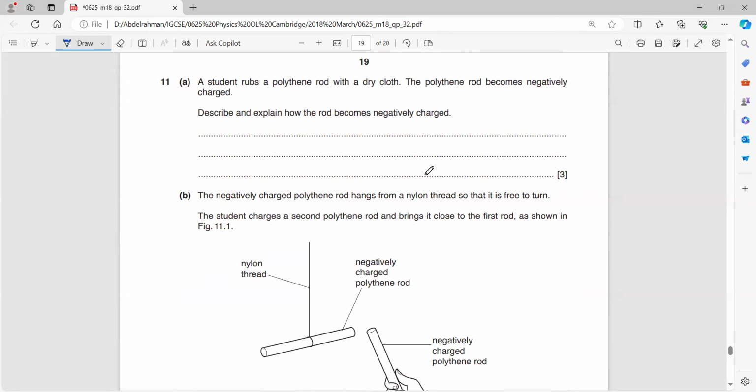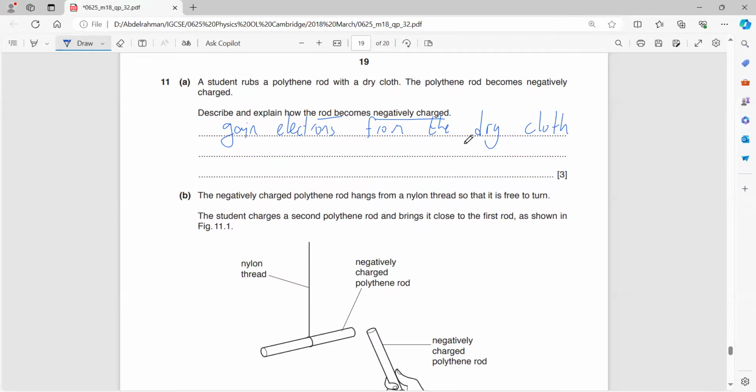A student rubs a polythene rod with a dry cloth. Describe and explain how the rod becomes negatively charged. Quite easy. It gains electrons. Gains electrons from where? From the dry cloth.